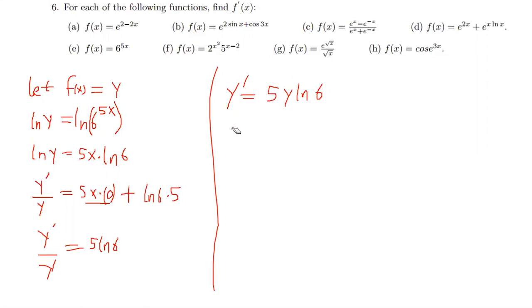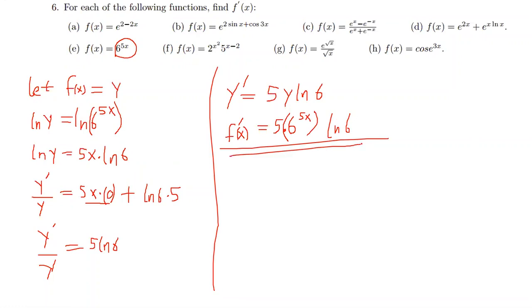So we're going to have f of x prime is equal to 5. While there is y, we replace with f of x. But we know that our f of x in this case is 6 to the power 5x. This is multiplication. Let me just put it in brackets. 5 times 6 to the power 5x, and then you close the bracket like that. And then you write your ln 6 this side. So this is the final answer.